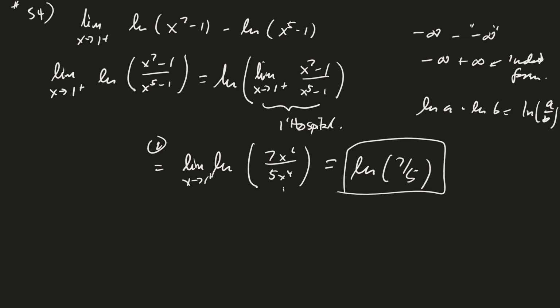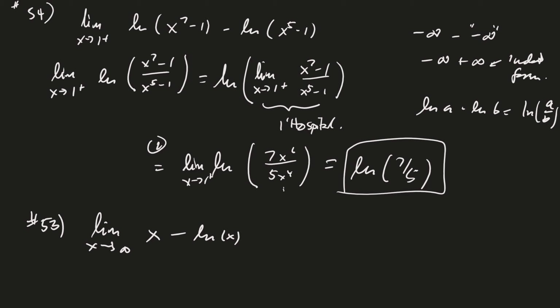Let's try another one. This one's a little bit tricky, so maybe we should do it together. This is number 53, and we're given the limit as x goes to infinity of x minus the natural log of x. Good.